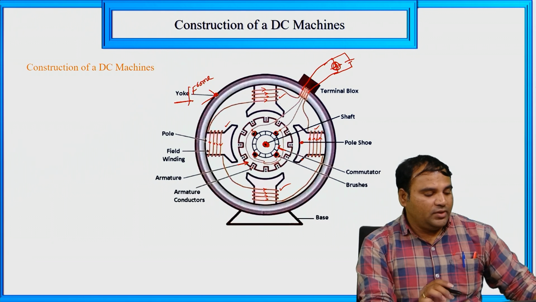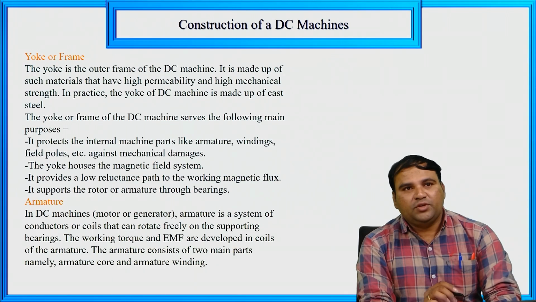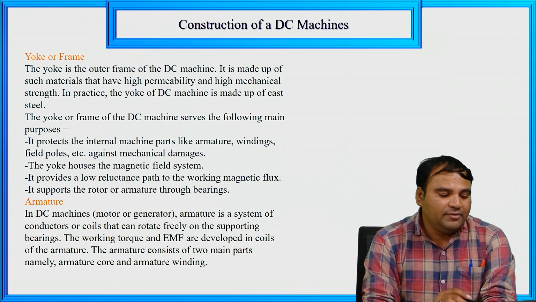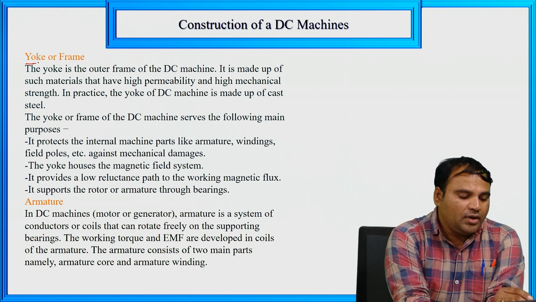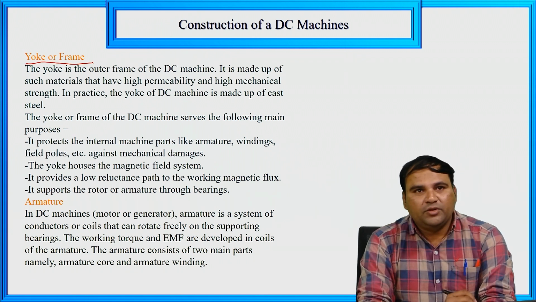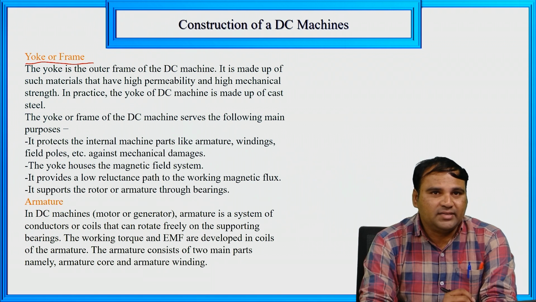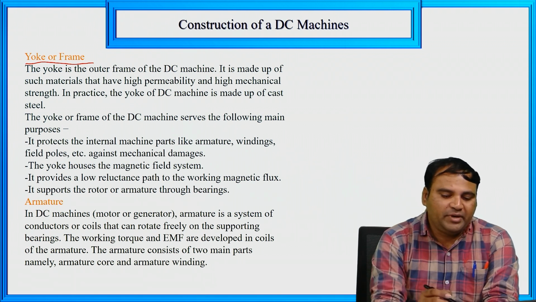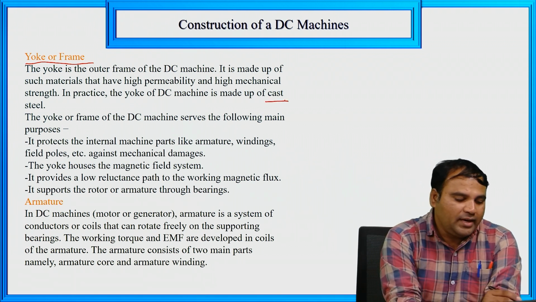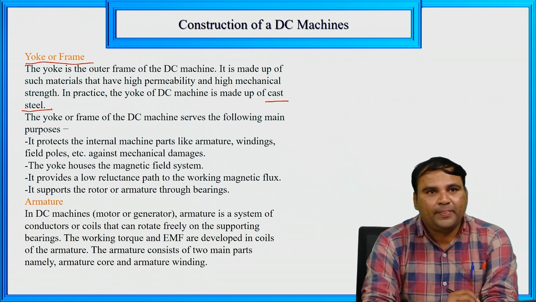So the yoke we can call a frame. The yoke is the outer frame of the DC machine. It is made up of high permeability and high mechanical strength material. It is made of cast iron or cast steel.